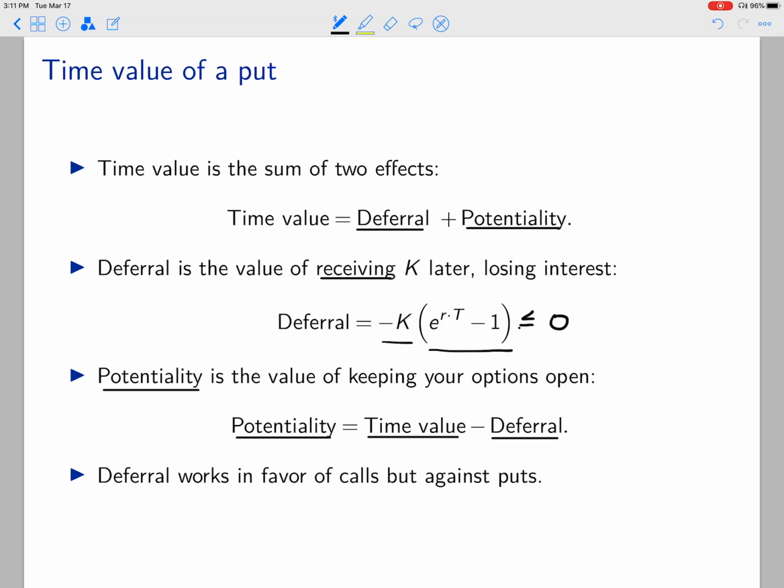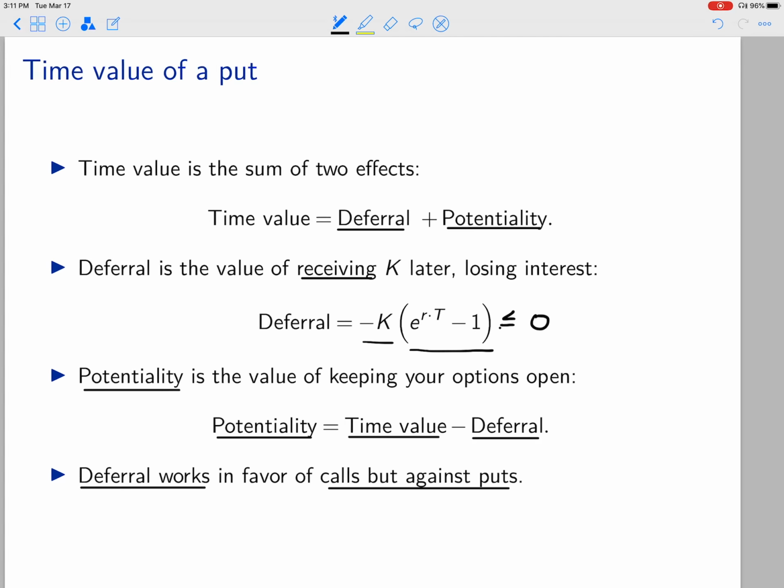They're both going to benefit from this insurance contract over uncertainty, but deferral is going to be negative for puts while it's positive for calls because the time value of money is going to work in the opposite direction. The call gets to defer payment, which you would always want to do, while the put has to defer receipt of cash, which is usually negative or bad for you.